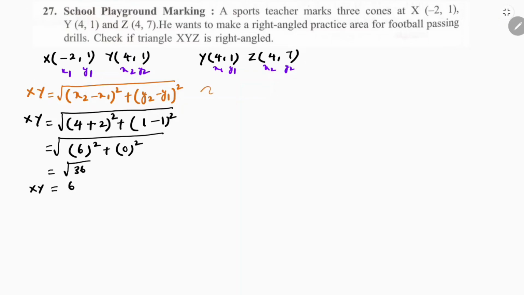Now the formula to find the distance YZ is the square root of (x2 minus x1) whole square plus (y2 minus y1) whole square.